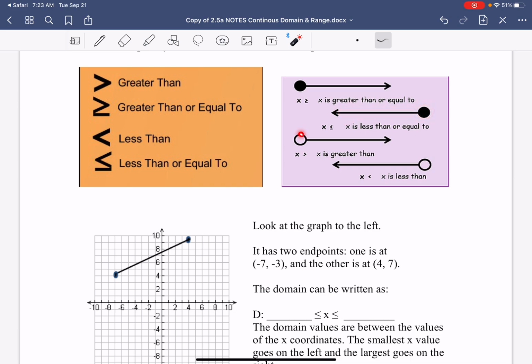But it's just greater than if we have an open point and it goes to the right, and then just less than if it's open and goes to the left. So the rules still apply. If there's an open endpoint, it's just greater than or less than, depending on what it is.